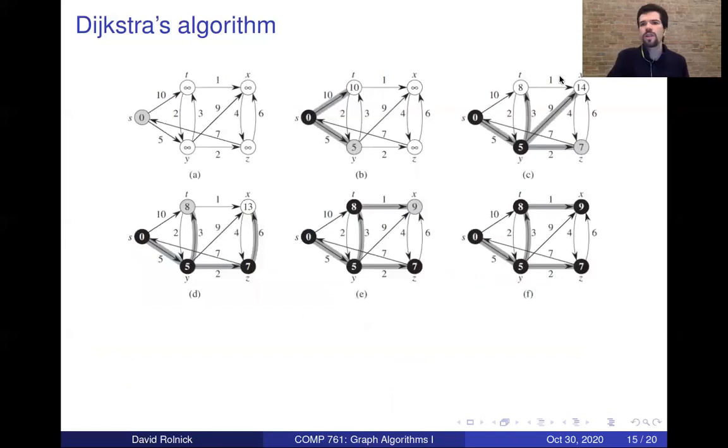So let's look at this now. I think this is a better picture. So what we're going to do is explore the vertices of the graph one by one, and we're going to color something in black if we've already explored it, and then we're going to consider each of the neighbors of a thing as we explore it.